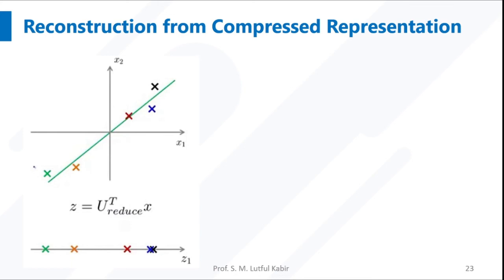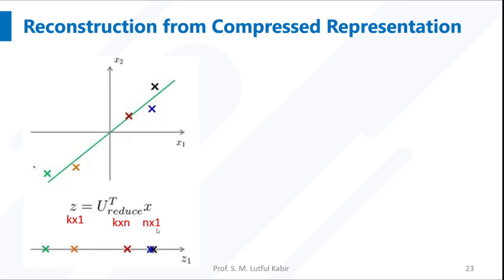From the SVD function you get U, and if you want to keep k dimensions, then you keep k columns of U, termed U reduced. If you transpose that, that is U reduced transpose. You multiply that with a single example, and that gives the corresponding converted example. If you work out the dimensions, U reduced transpose is k by n, and x is n by 1, so z is k by 1.